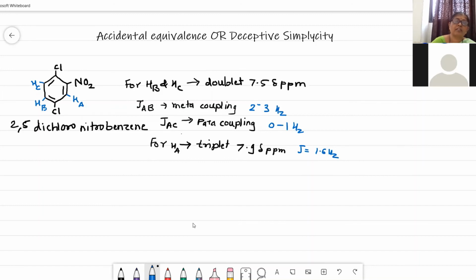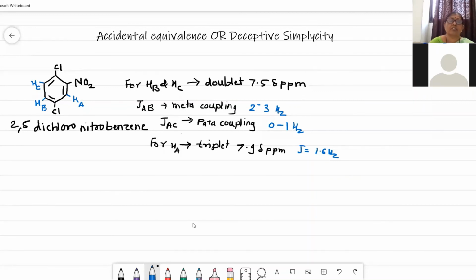Thus, the spectra is non-first order, but it looks like first order because the splitting takes place according to first order rules. The first order spectra is the one which obeys the n+1 rule. And according to the n+1 rule, for HA there are two adjacent non-equal protons, so it gives a triplet, and HB and HC give the doublet in the spectra. Such a spectra is known as deceptive simplicity. Actually, these protons are not equivalent.